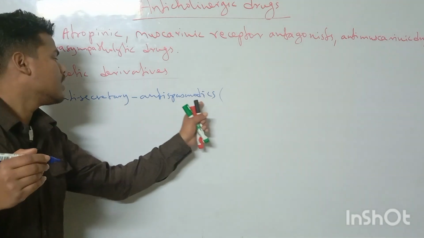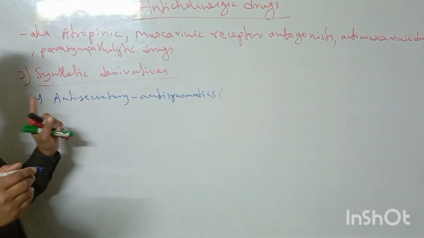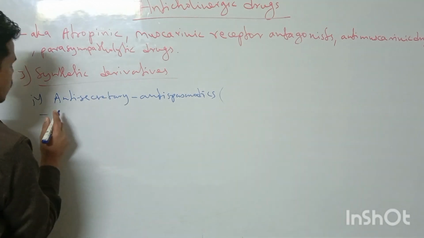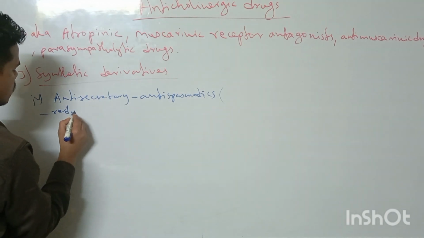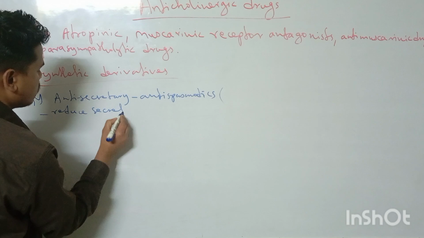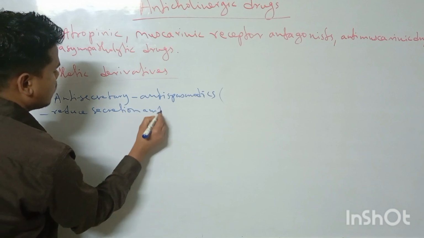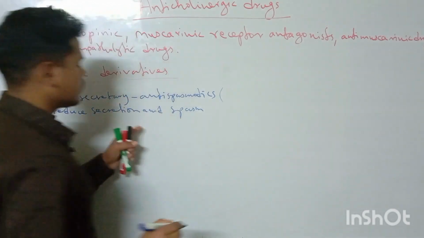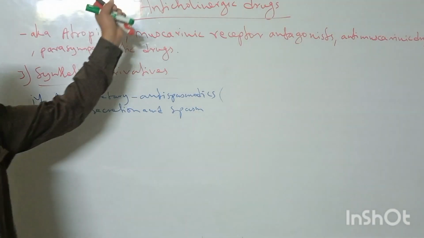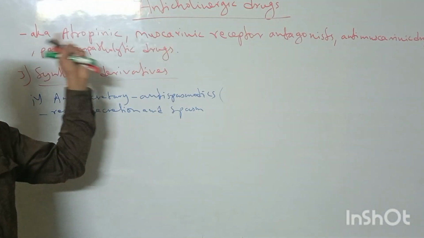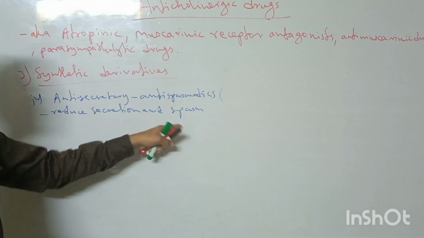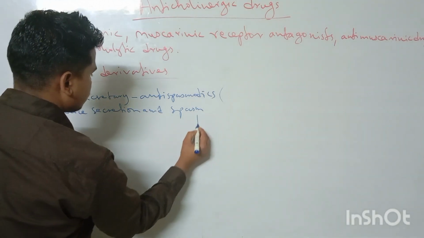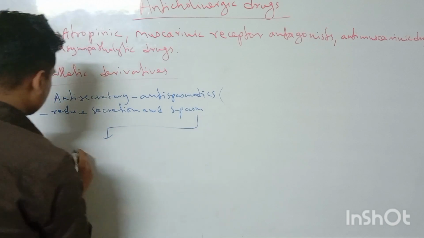As the name suggests, this category of drug will reduce secretion and spasm. This secretion and spasm are parasympathetic, cholinergic actions, so it will antagonize those actions. So again here there is a further category.